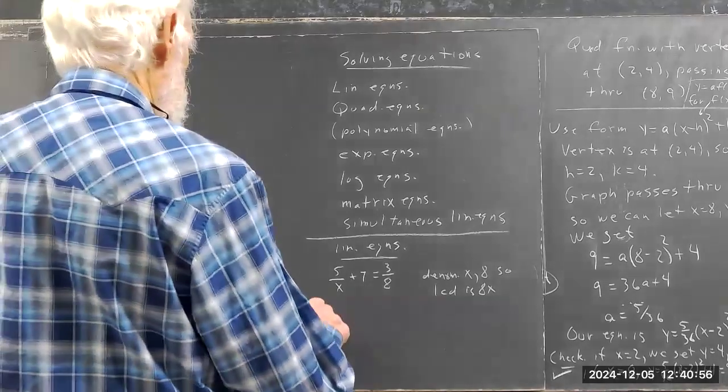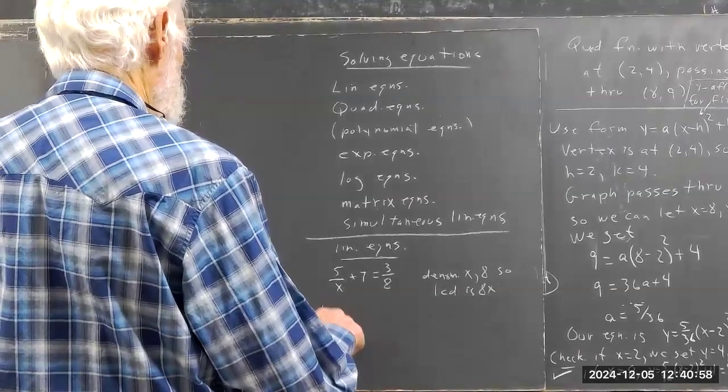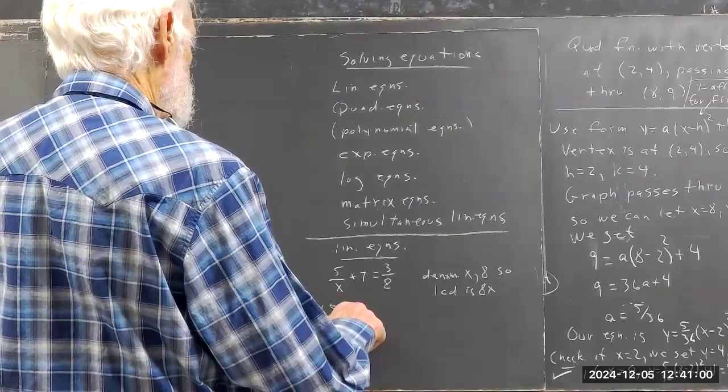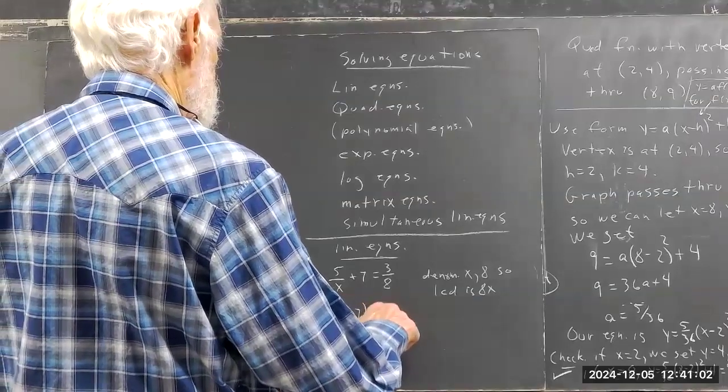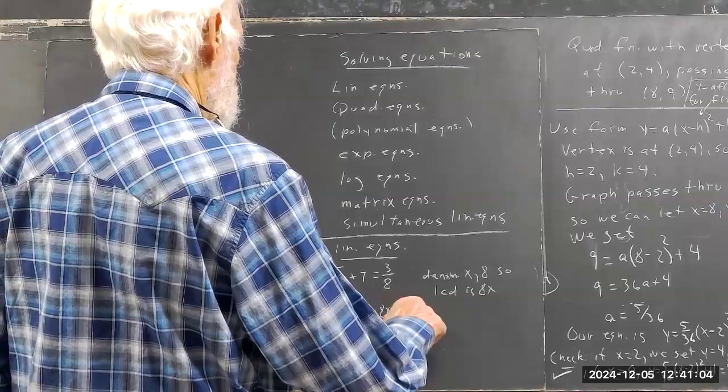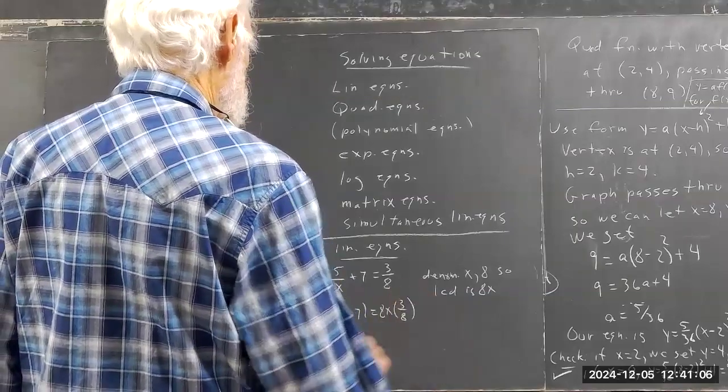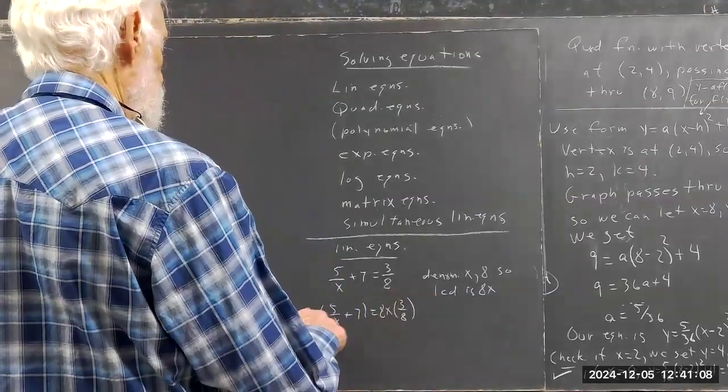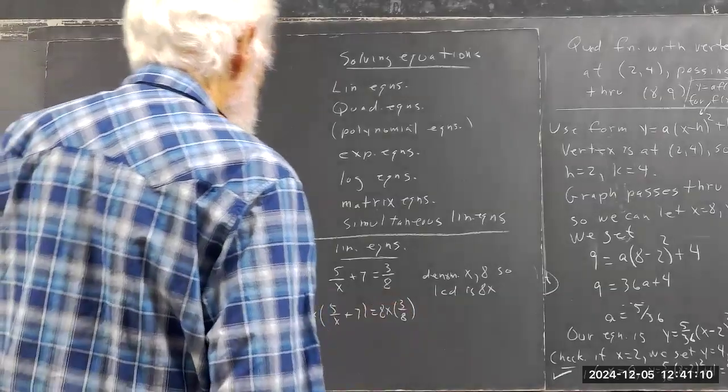So we multiply by 8x, and you can put the 8x over 1 if you want.